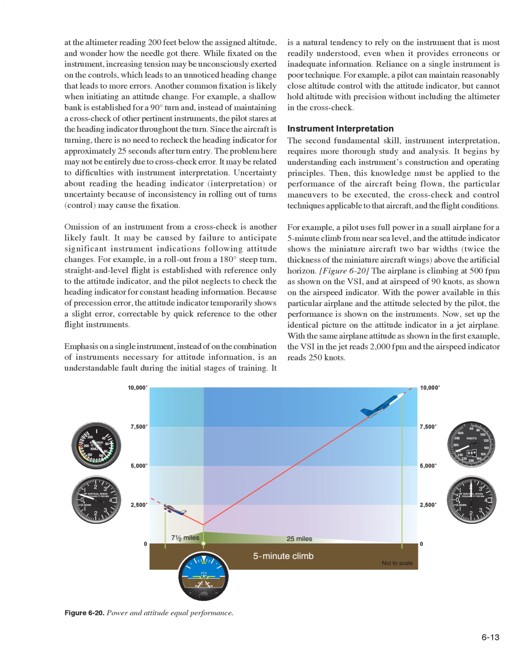With the same airplane attitude as shown in the first example, the VSI in the jet reads 2,000 fpm and the airspeed indicator reads 250 knots. As the performance capabilities of the aircraft are learned, a pilot interprets the instrument indications appropriately in terms of the attitude of the aircraft.